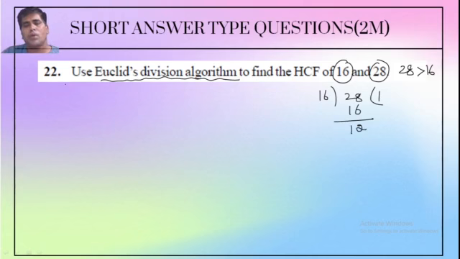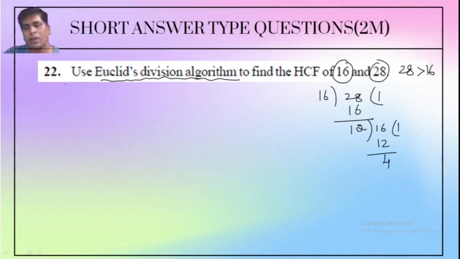This division process we have to continue until we get remainder 0. Again, this remainder we take as the divisor, and the earlier divisor we take as the dividend. So 12 ones are 12. Again I got 4 as a remainder.